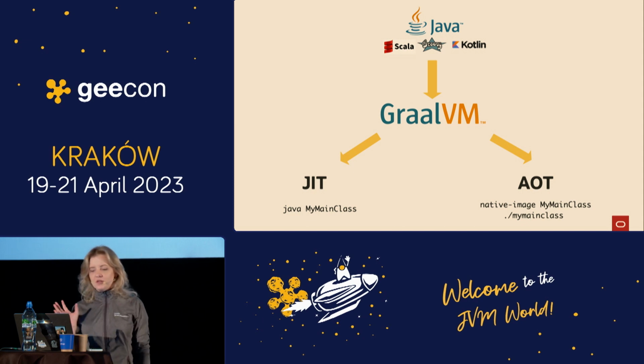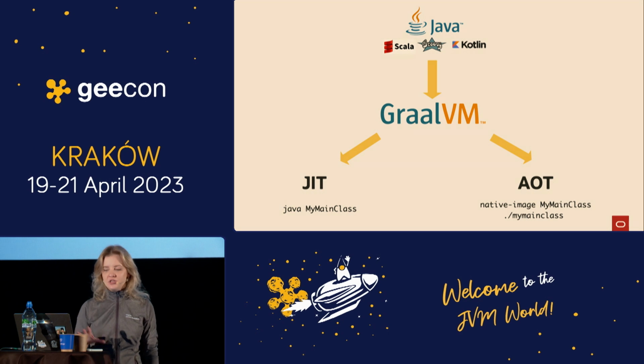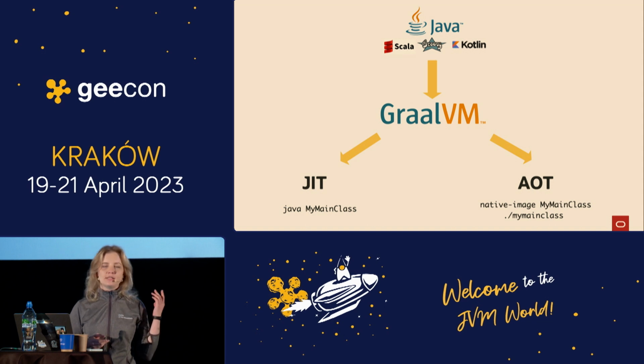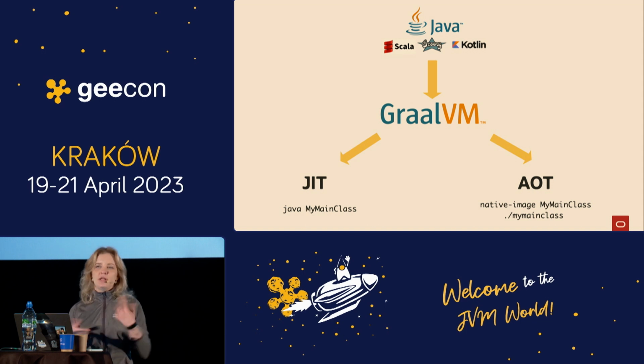Before we go into the native image part, I just want to quickly mention that GraalVM is also a full-blown JDK. So you can use it the way you would use OpenJDK or whichever JDK distribution of your choice, as shown here on the slide on the left. You can just replace your JDK distribution with GraalVM, and it will work out of the box as expected. You will get access to all your tools, libraries, IDEs, whatever you like.